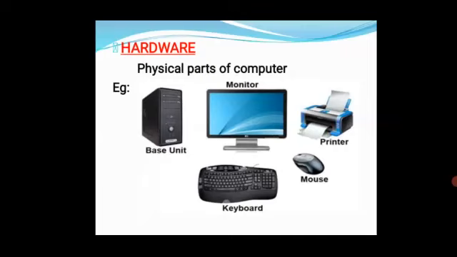What is the use of the monitor? The monitor is used to display the output. The keyboard and mouse are both hardware used to give instructions to the computer, that means to give input to the system.